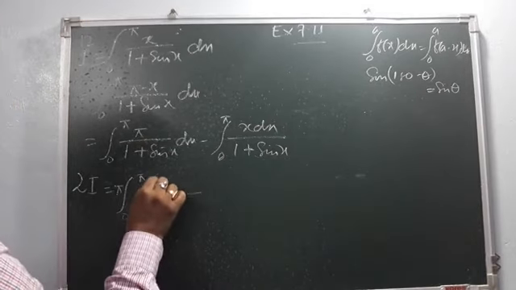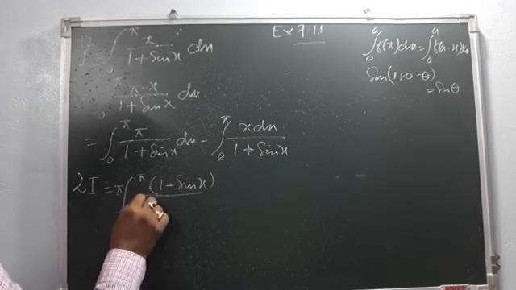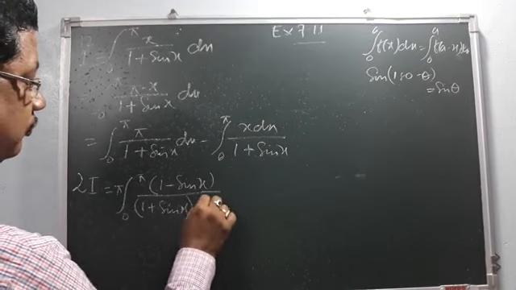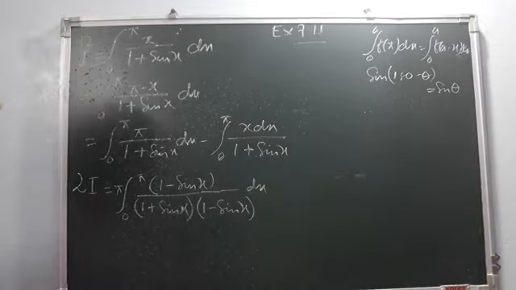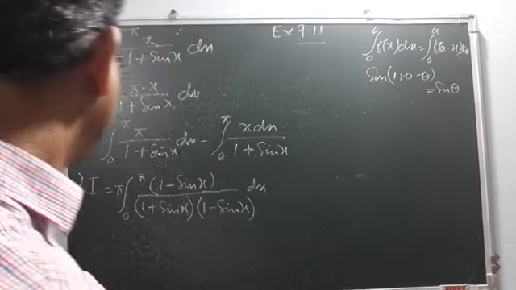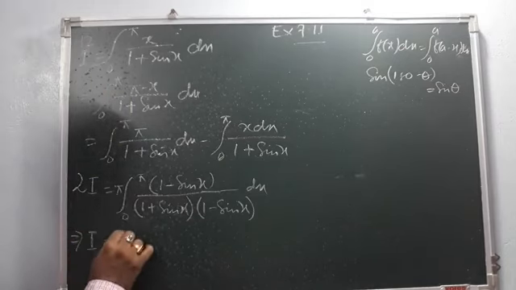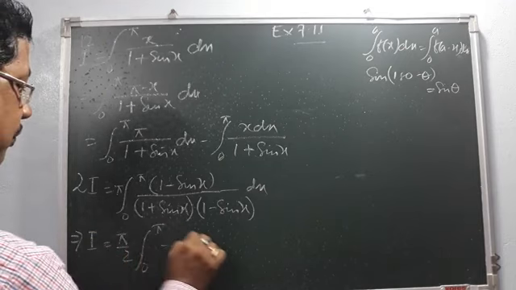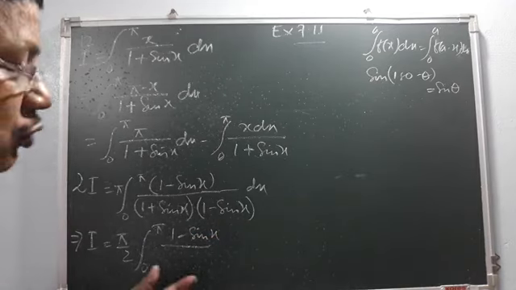Another thing we are going to do is multiply both numerator and denominator of this integral by 1 minus sine x. So I will now be pi by 2, integral 0 to pi, of 1 minus sine x over 1 plus sine x into 1 minus sine x.